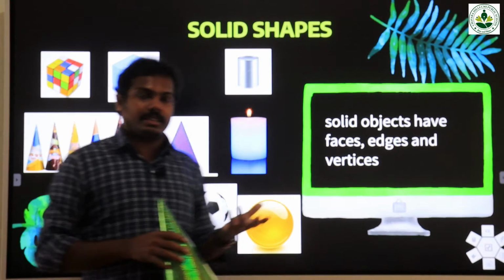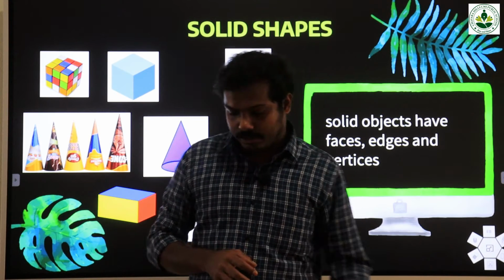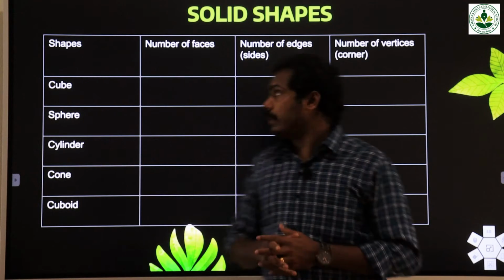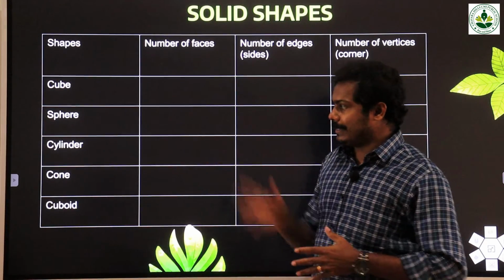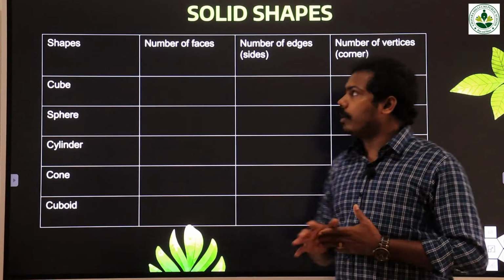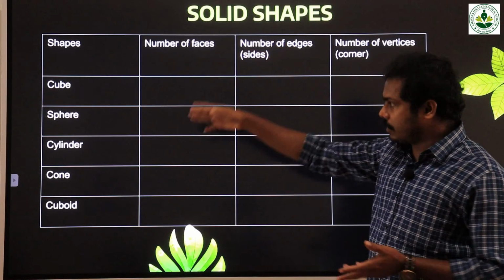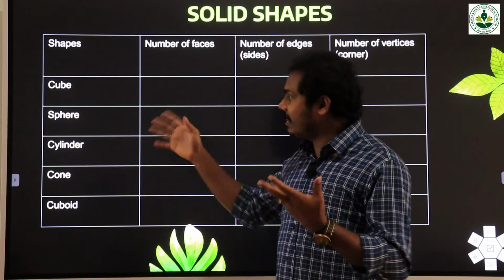And instead of sides, we use edges. Here some solid shapes are given: cube, sphere, cylinder, cone, cuboid. We need to know the number of faces, edges and vertices of these shapes.